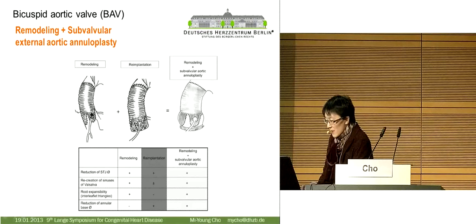And in David operation, we re-implant everything, and you make kind of the root completely stuck. Lange believes that with this technique, you have still the extensibility of the root and of the interleaflet triangles. So this is the benefit of this operation.